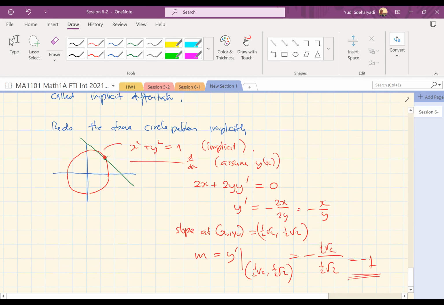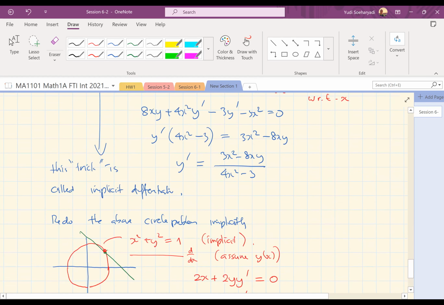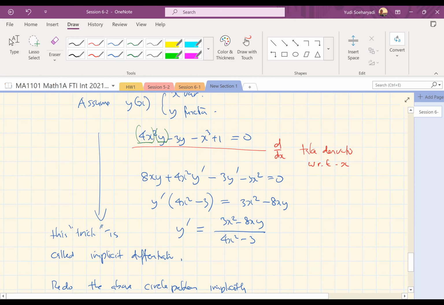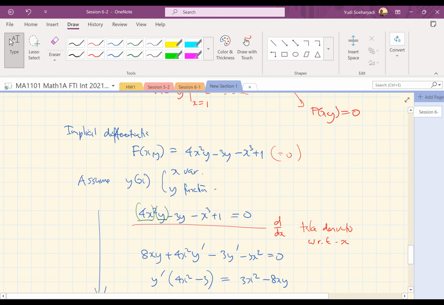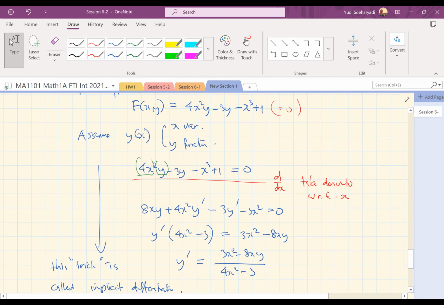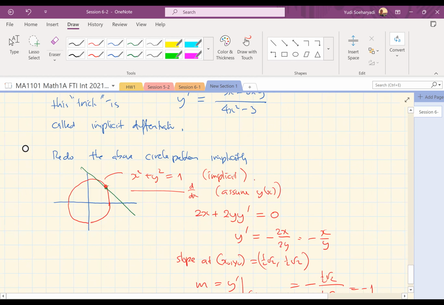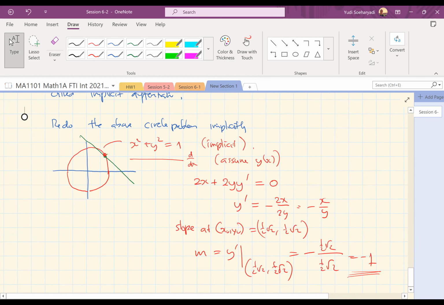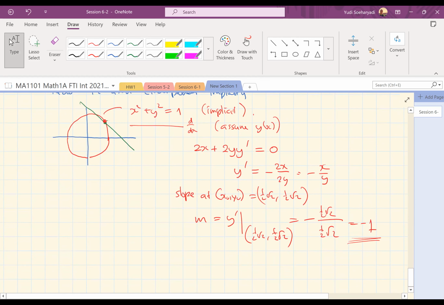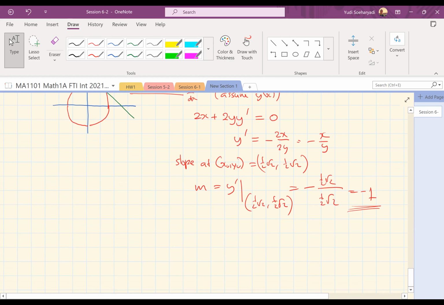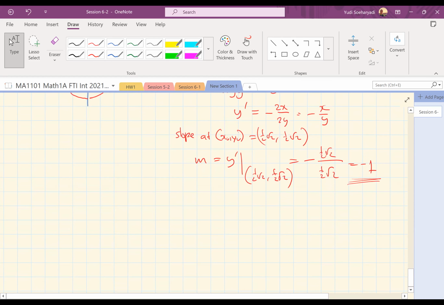So this implicit differentiation solves the problem that we had earlier. The problem we had earlier is that writing an explicit function is not always easy. It's often difficult. But now you don't need the explicit expression anymore. Just do implicit differentiation. That's why it's easier.